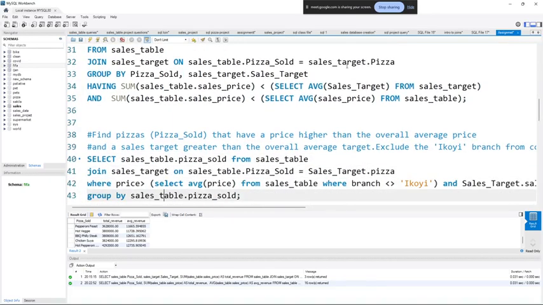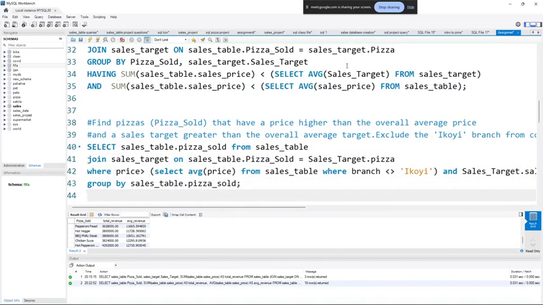So my answer must be showing only the pizzas, because you don't need the revenue and the target. If you include the revenue and the sales target, no problem, the pizzas are also showing. But the main thing is my answer should involve only the pizza.